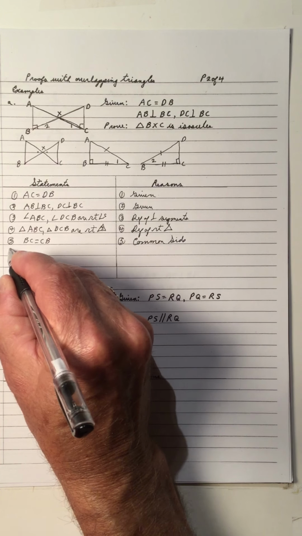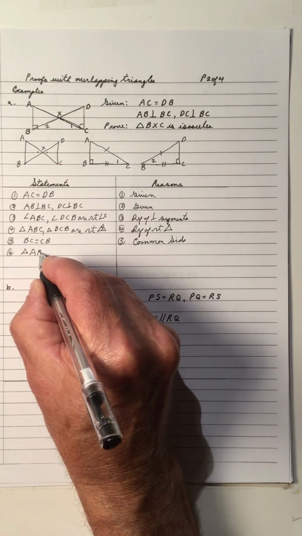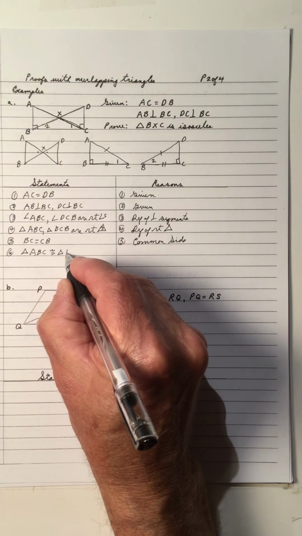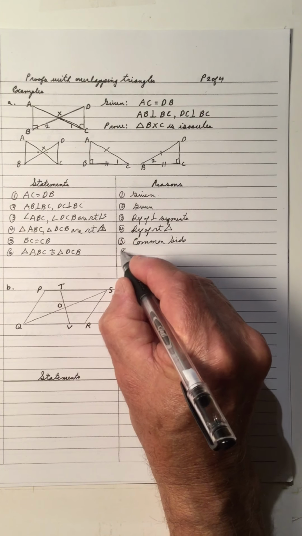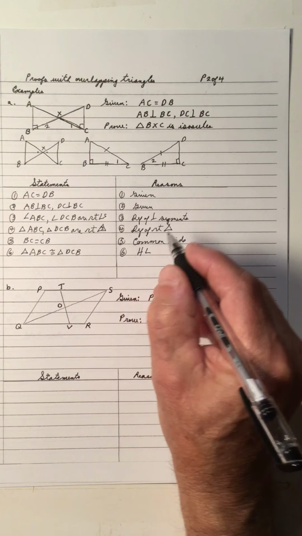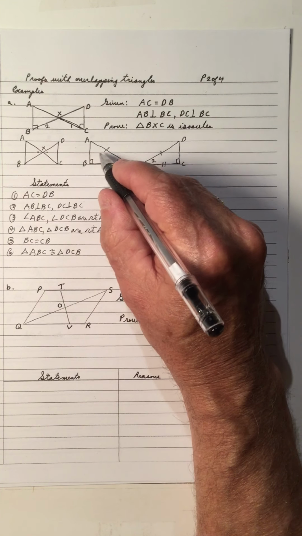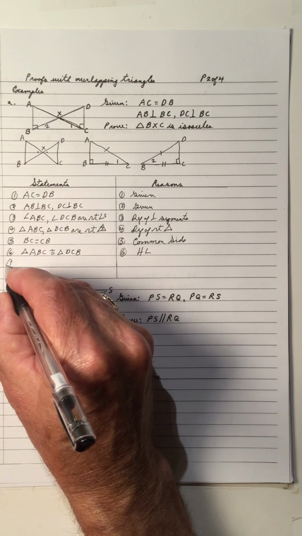And that means we have the triangle ABC congruent to triangle DCB by hypotenuse leg, because this is the hypotenuse in this triangle, and that's the hypotenuse in this one, and these are the legs, they're equal.